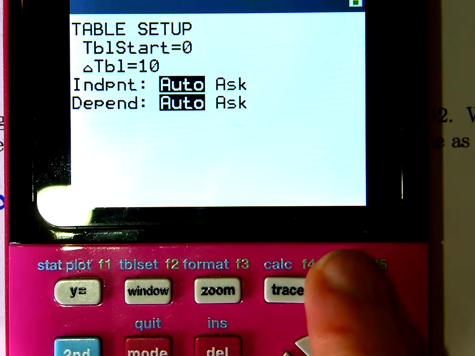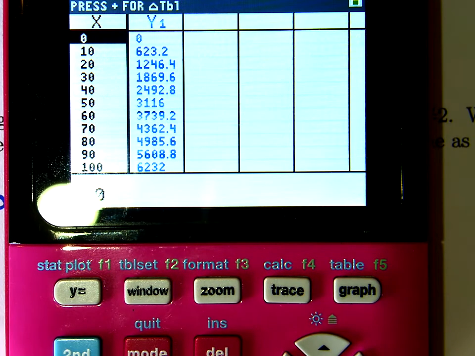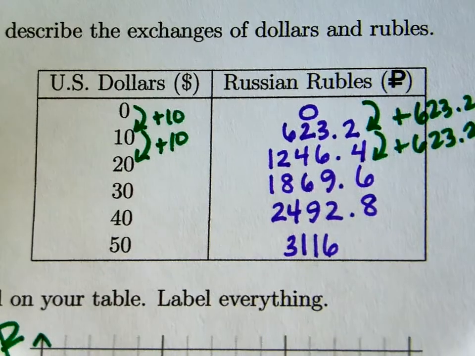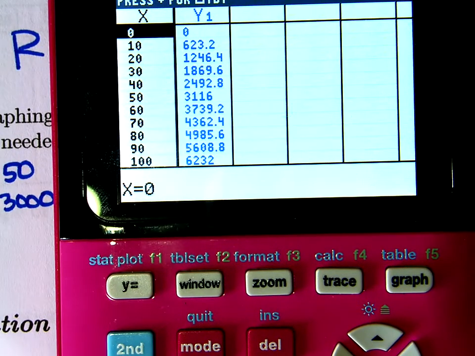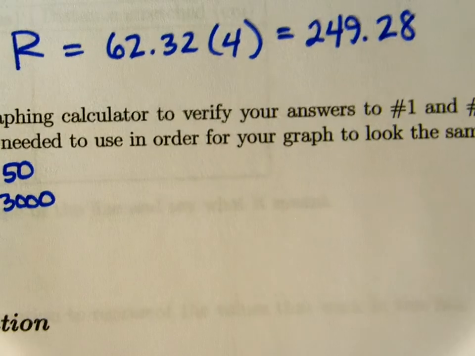Now I'm going to go second table. And voila, we see that there's the calculator's table. And whoa, there's our table. Looking good. Looking perfect.